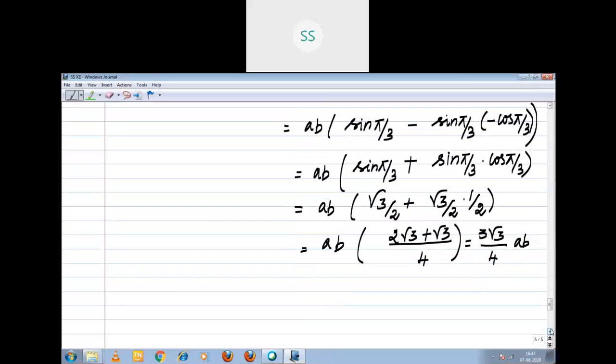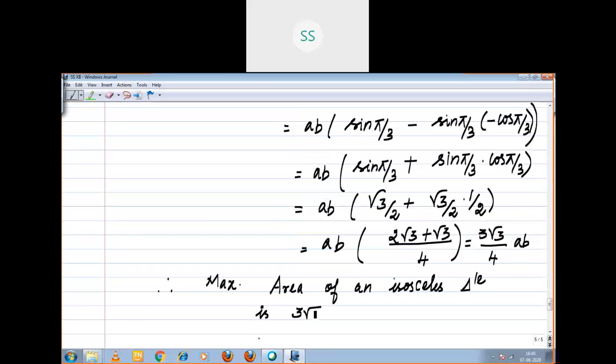Therefore, the maximum area of an isosceles triangle is 3 root 3 divided by 4 into AB square unit.